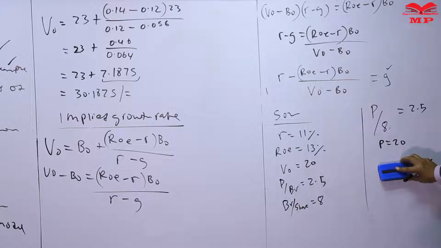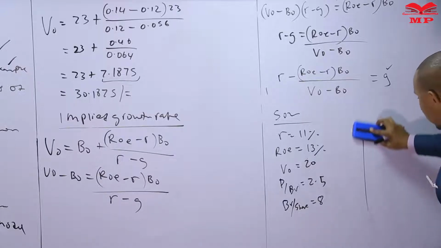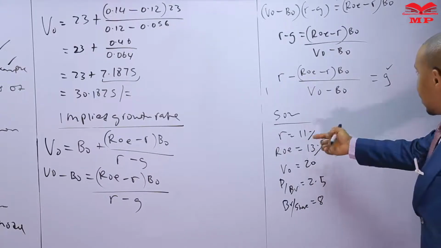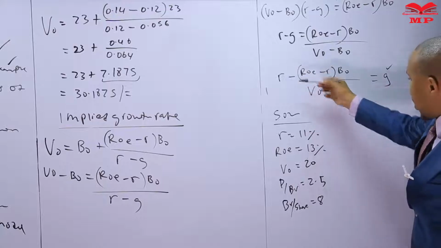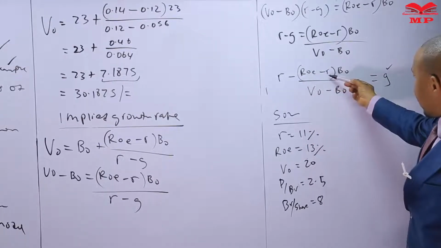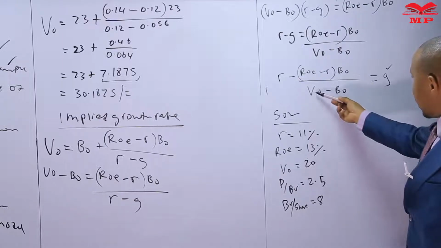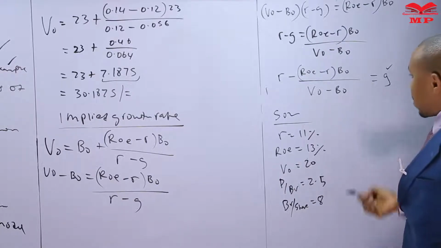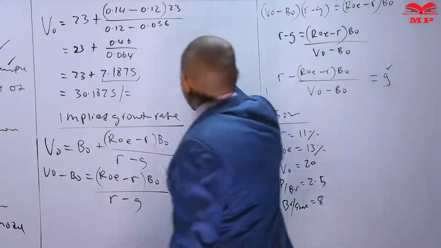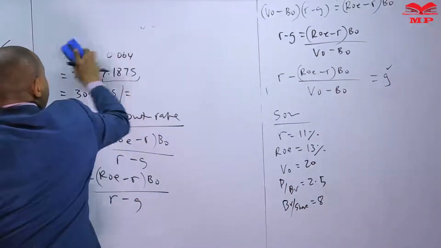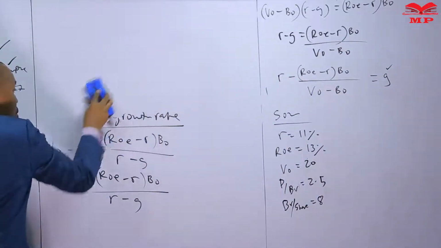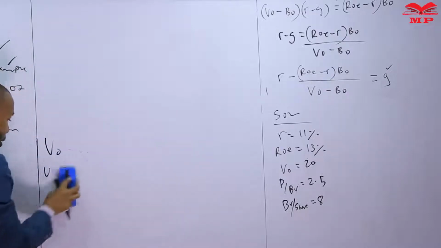Now, we have the R, we have the ROE, we have the beginning book value. Yes, the book value per share. We can now get the growth rate there. So how much is the growth rate?